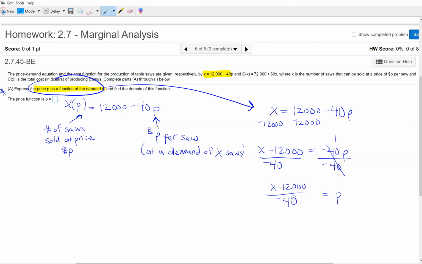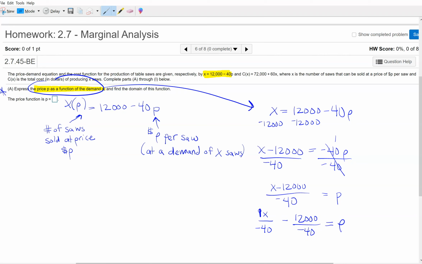But later, when we try to use this to construct a revenue function and later find the derivative of that revenue function, working with this fraction is going to be kind of yucky. So what we're going to do is take each term of the binomial and divide it by negative 40 individually. So X is going to be divided by negative 40, minus 12,000 is going to be divided by negative 40.